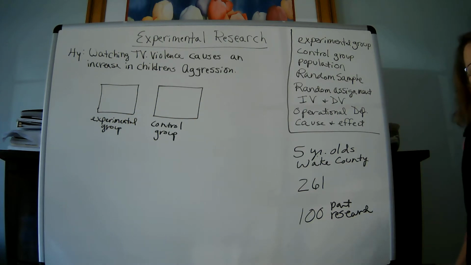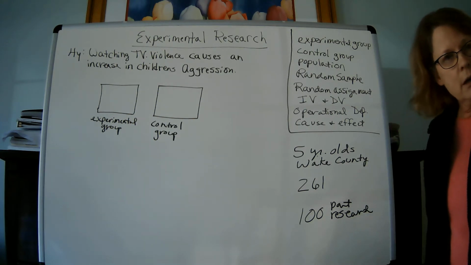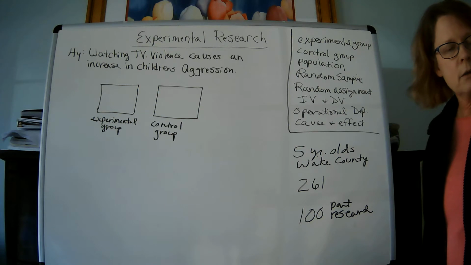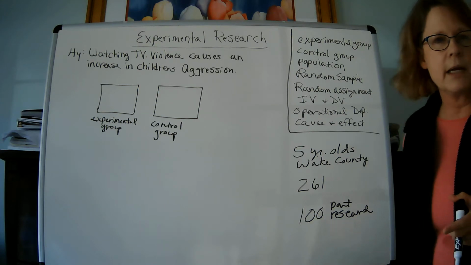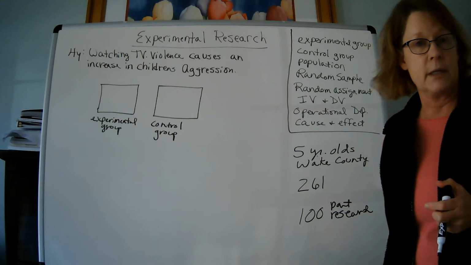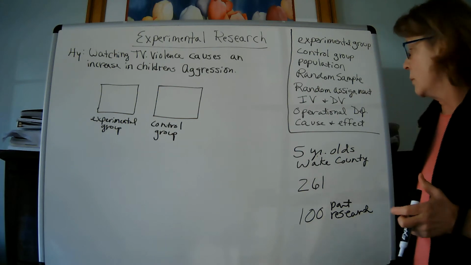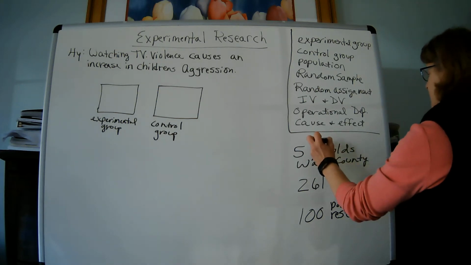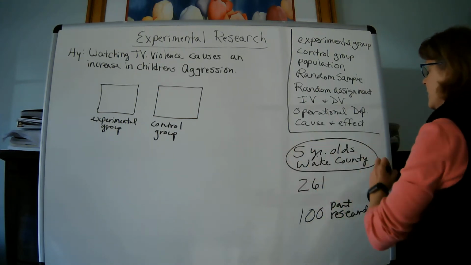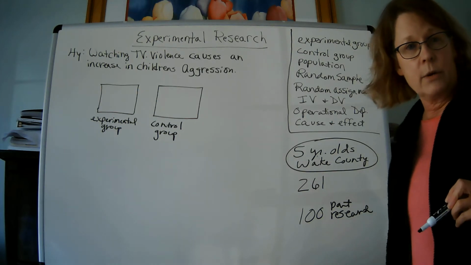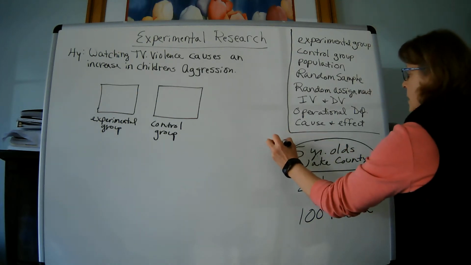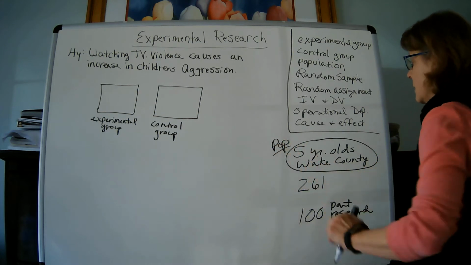Now, when we're talking about the population of a research project, what is the population? The population is who do you draw your participants from? And you're going to draw your participants from, in this study, 5-year-olds from Wake County. So that's going to be your population.